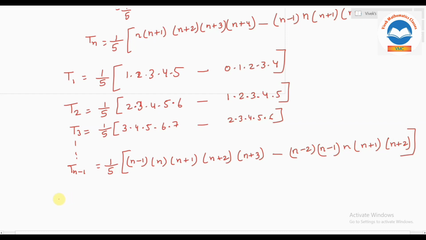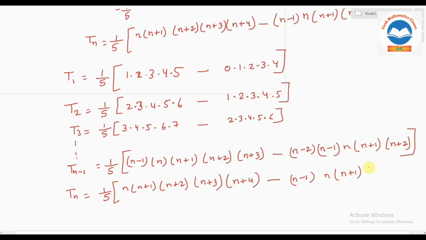So this will be our tn minus 1. Similarly, tn we already know: 1 by 5 into n into n plus 1 into n plus 2 into n plus 3 into n plus 4, minus n minus 1, n, n plus 1, n plus 2 and n plus 3. These are the products of all these factors.